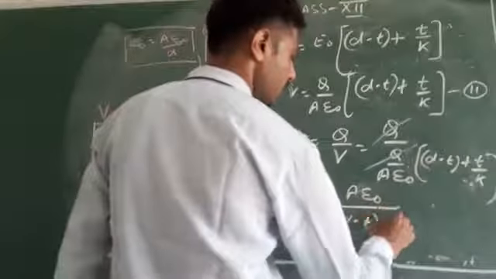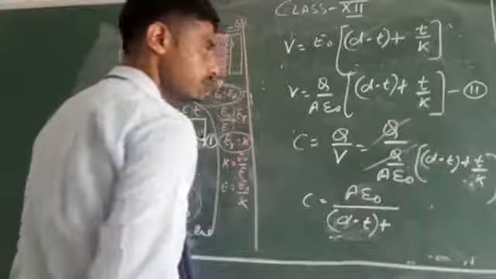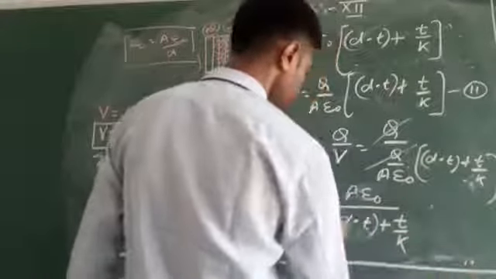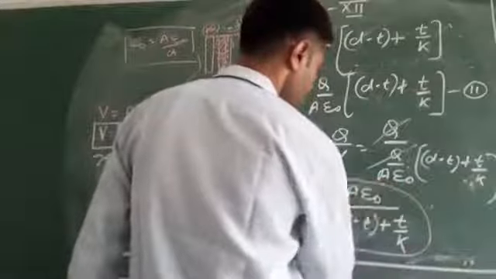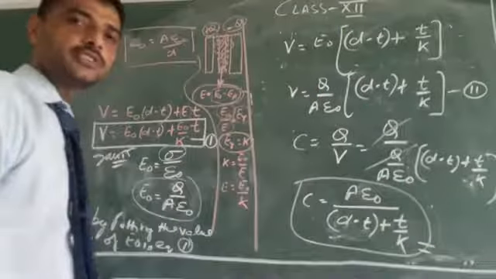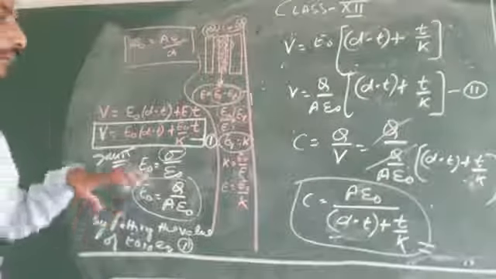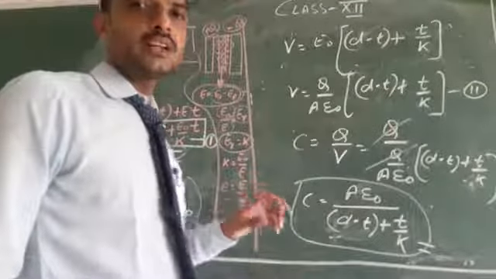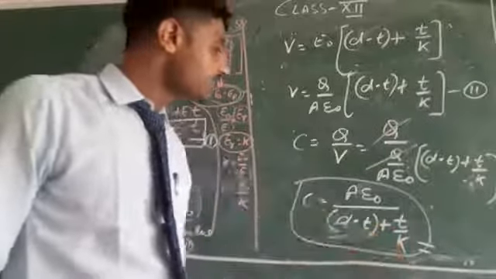So Q is cancelled by Q. C is equal to A epsilon naught upon (d minus t plus t upon K). So this is the value of the capacitance of a parallel plate capacitor when a slab of dielectric constant K is introduced between the plates.